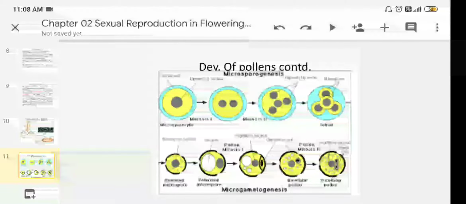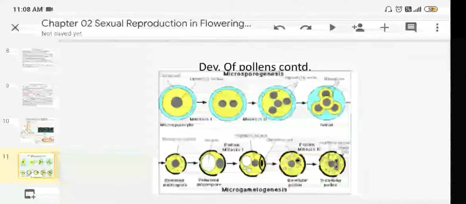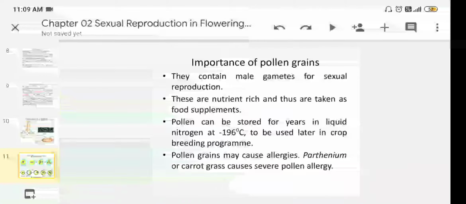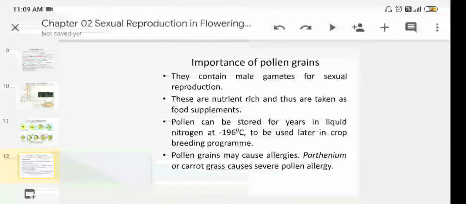In each microspore, the nucleus again divides into 2 nuclei and the protoplasm is divided into 2 unequal halves, one larger, the vegetative cell, and the generative cell, and the generative cell further divides to form 2 male gametes. So, this is the development of the pollen grain.